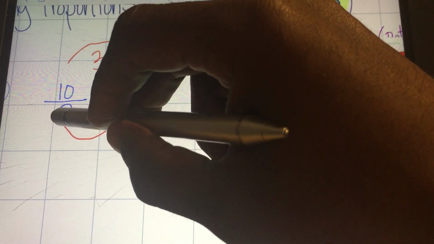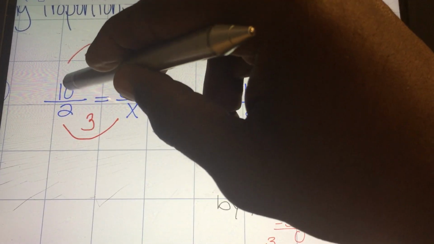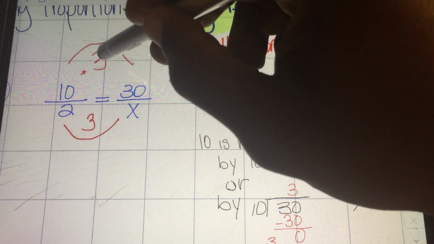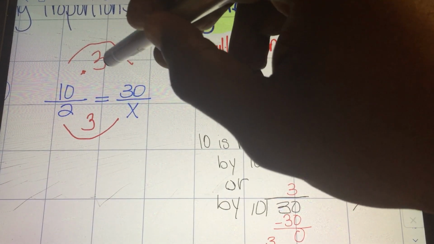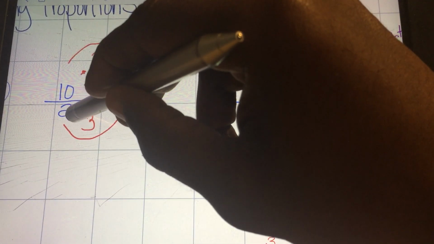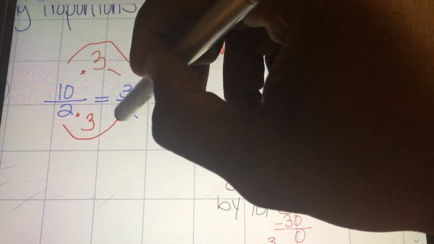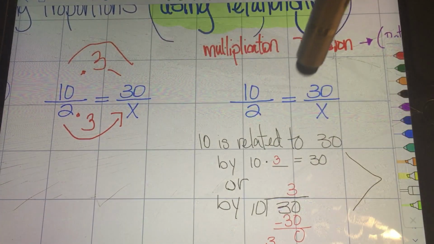So now I can say the relationship between this value of 2 and our unknown value is connected by a value of 3. Since I multiplied 10 times 3 to give me 30, I'm going to multiply 2 times 3 to give me my missing value.